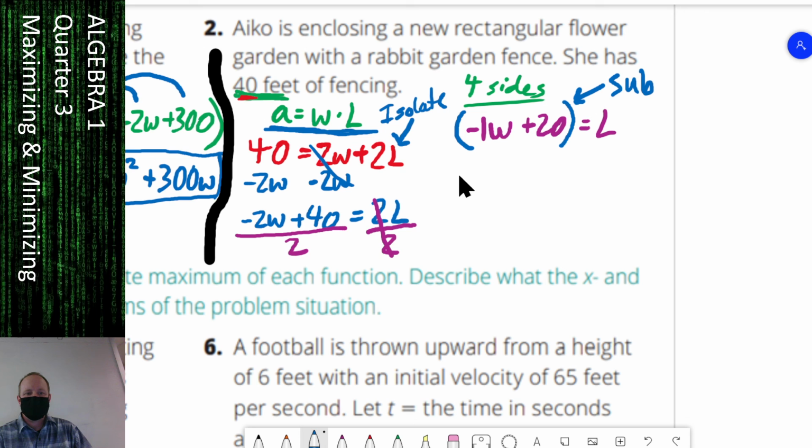We're going to substitute it in for L, so we're going to say A equals W. And what are we multiplying W by? Negative 1W plus 20. Yeah, since it says that all of this is equal to L, we can plug it in for L.